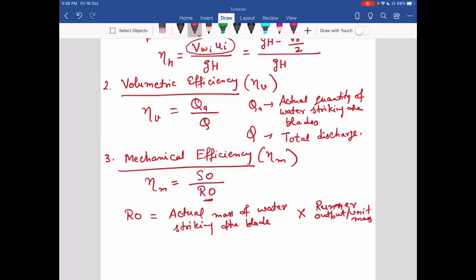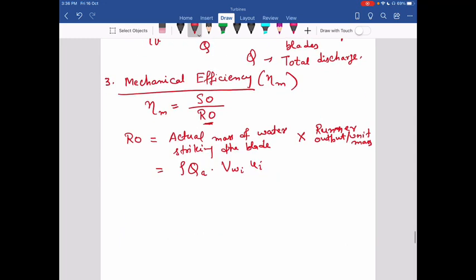This comes out to be rho QA, the mass, multiplied by VWI UI. So mechanical efficiency is equal to shaft output divided by rho QA VWI UI.